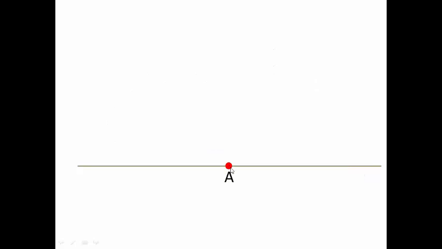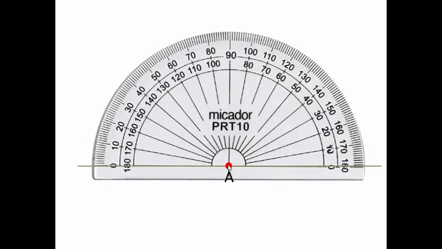Let's take it again. So this is the point where we want to actually draw our angle. Then if you place the protractor there, it comes. You are now having it. This is where you have your 30 degree.